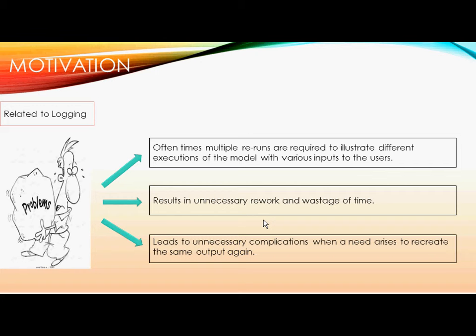Maybe he remembered something he had done last time, and based on that he wants to develop certain other things, and he needs to recreate and see the same exact output. But if he had not selected a fixed seed at a prior time, then it is very difficult for him to regenerate the exact output, because it's very difficult to get the value of the seed that was randomly generated by the model. It leads to unnecessary complications when such a need arises.